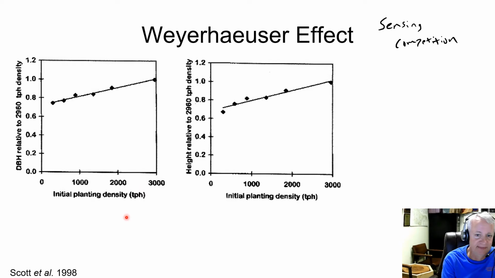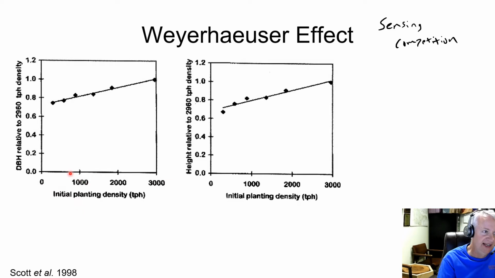And this shows some data measured relatively early in that trial, probably at 1 or 2 years, maybe 3 years, showing DBH, diameter at breast height, and height of trees across increasing planting densities.